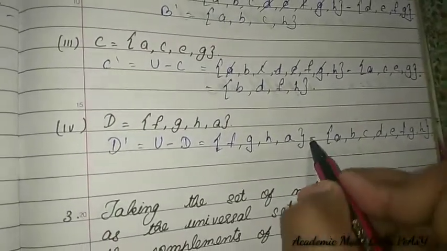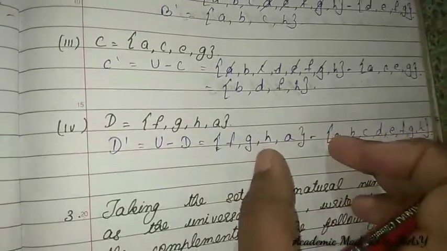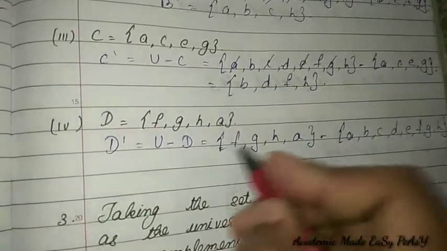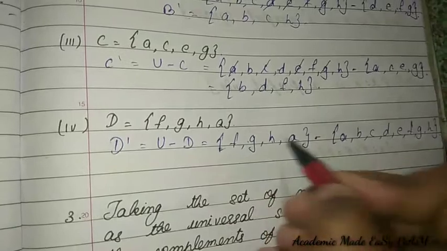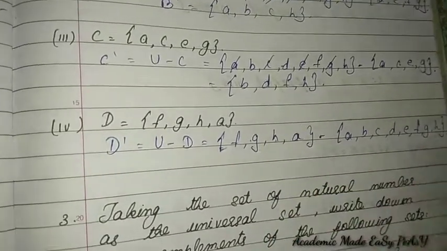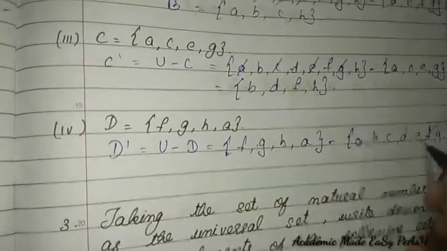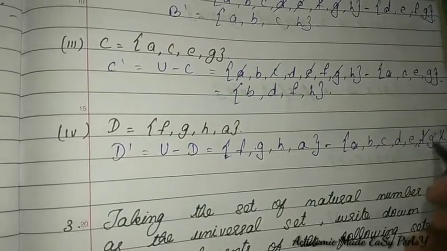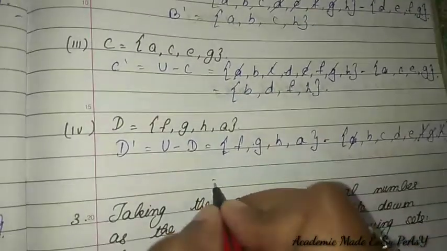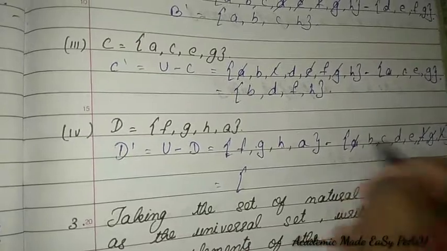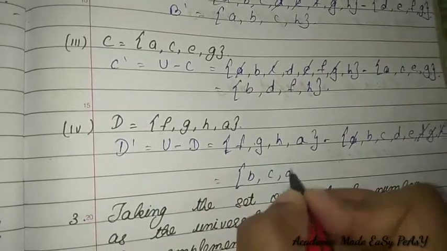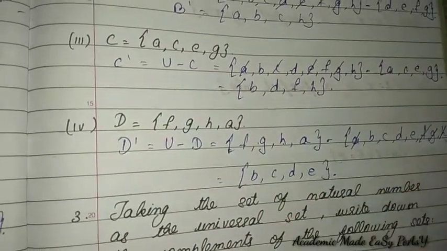I have to make U difference D. That's the only mistake which I did. So F, G, H, A should be taken out from this. So therefore, my set will be {B, C, D, E}. That's it.